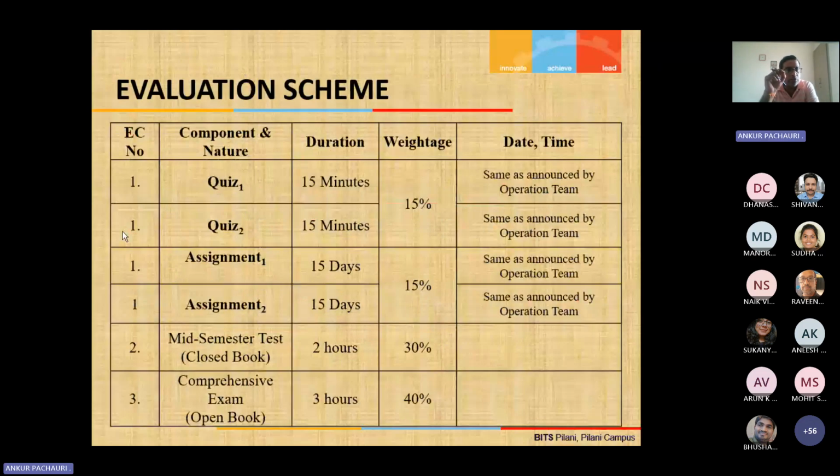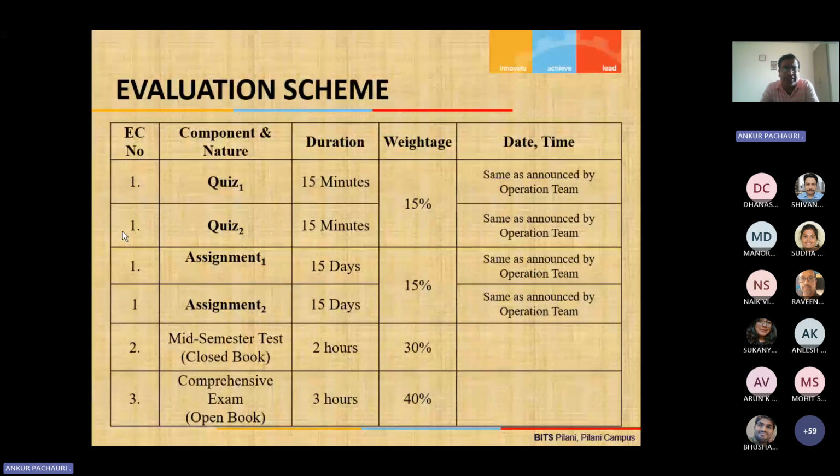The evaluation scheme has EC1, EC2, and EC3. EC1 comprises 30%, EC2 comprises 30%, and EC3 comprises 40%. Quizzes and assignment dates will be announced on the portal.